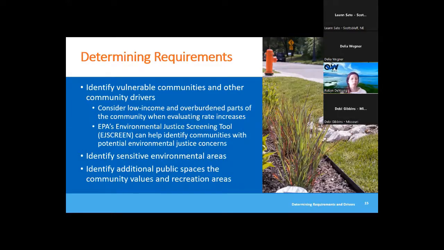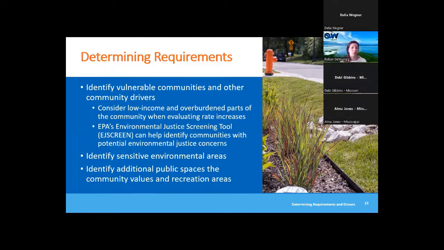Great, in Nebraska. So that's great that you'll be considering that. Anyone else considering sensitive environmental areas? Does any of you have environmental sensitive areas that you would want to look at and incorporate into your integrated plan? You can raise your hand.